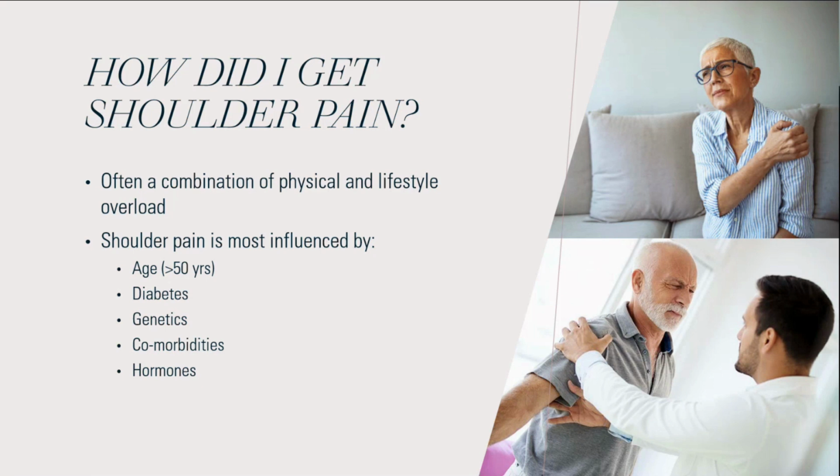Genetics are important, and also the number of comorbidities, so things like stress, anxiety, not sleeping well, smoking, being overweight, those types of things can really impact whether or not we develop shoulder pain as well.